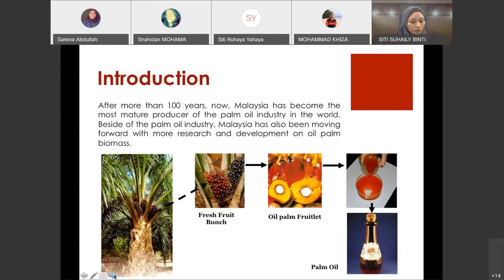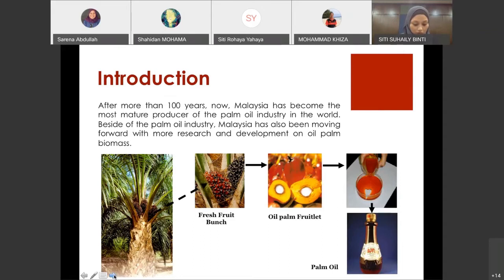Malaysia has now been moving forward with more research and development on oil palm biomass. Currently, oil palm biomass is considered a waste material from oil palm plantations and factories, which can be obtained easily and cheaply.